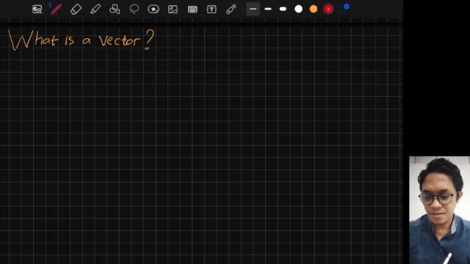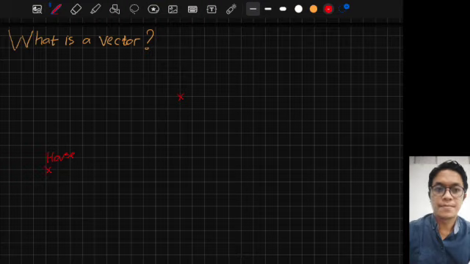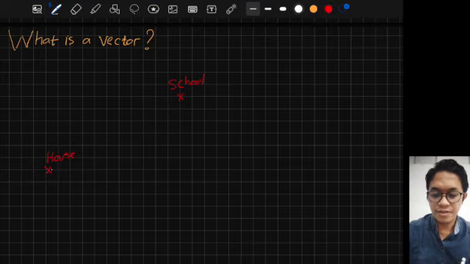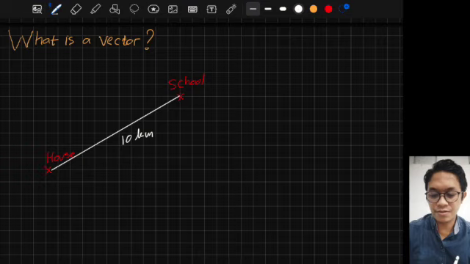Here is where your house is, and here is the school, and the distance of these two places is 10 kilometers, and of course the direction is you are going from house to school.